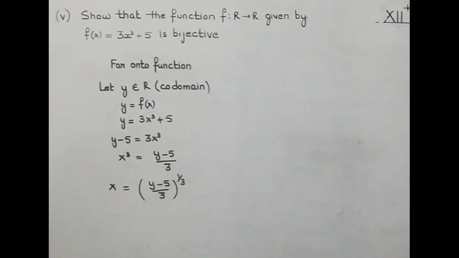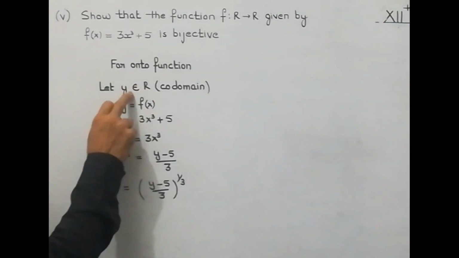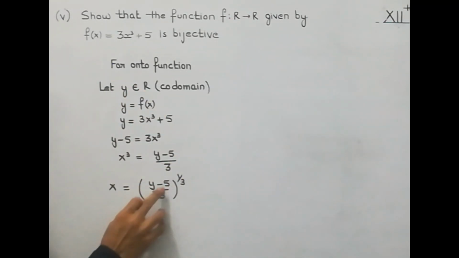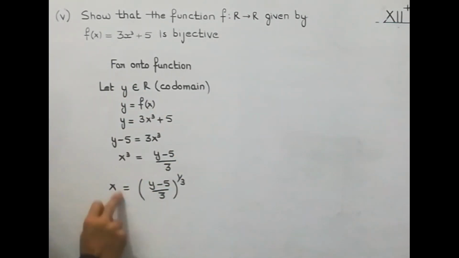Now we have got x in terms of y. So we can say we have got the pre-image. X represents the pre-image. So we have got the pre-image in terms of y. Now for any real value of y, because codomain is real, y belongs to real. So for any real value of y, x will also give a real value.